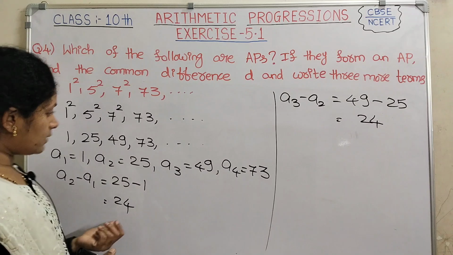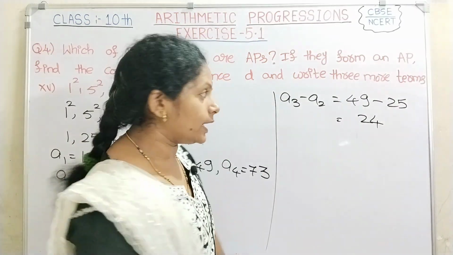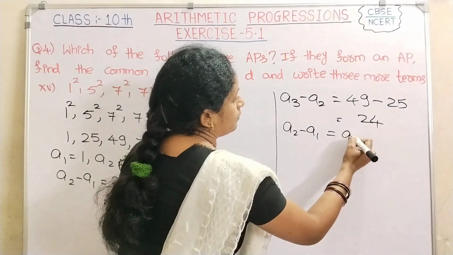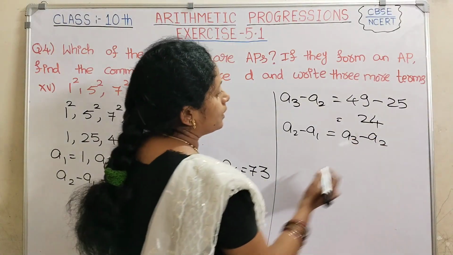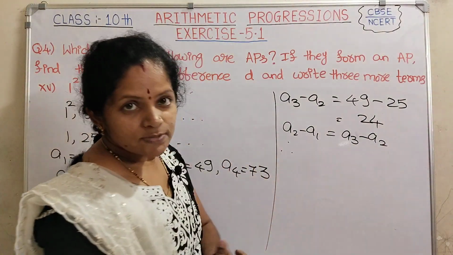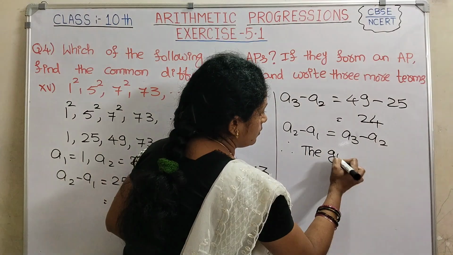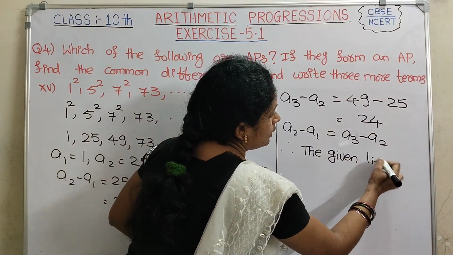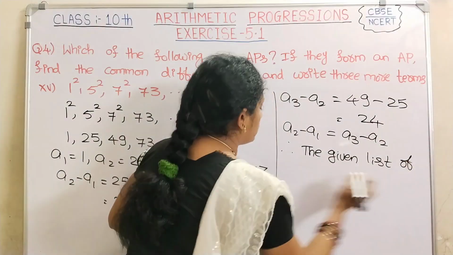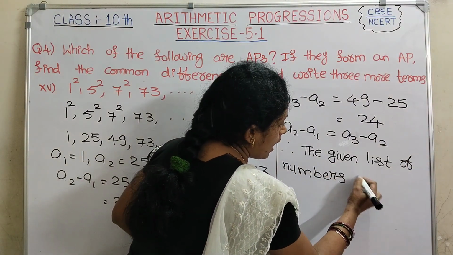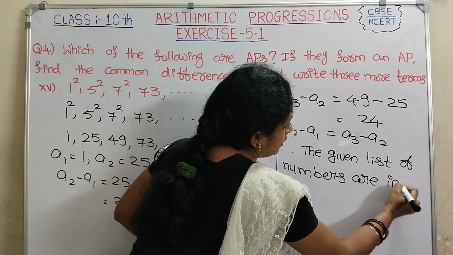So A2 minus A1 and A3 minus A2 both are equal. Therefore, it forms an AP. The given list of numbers are in AP.